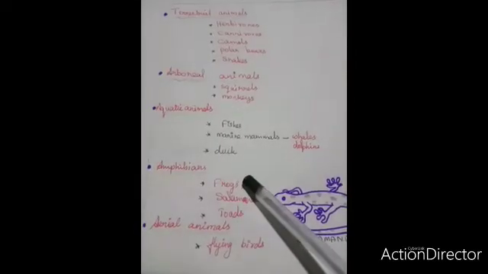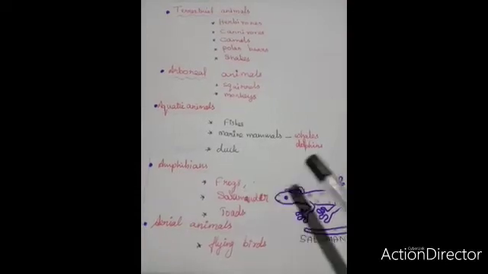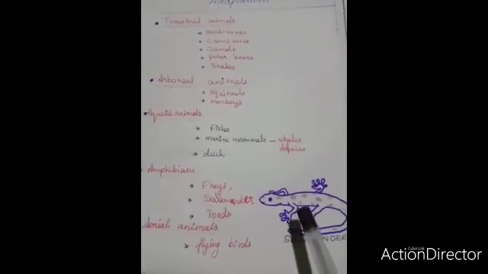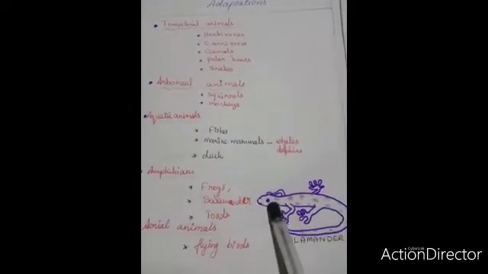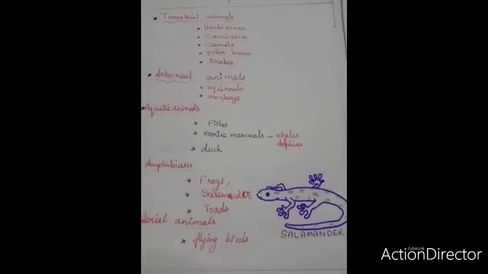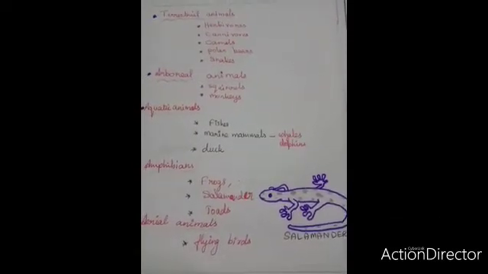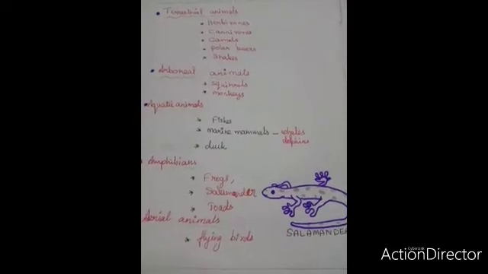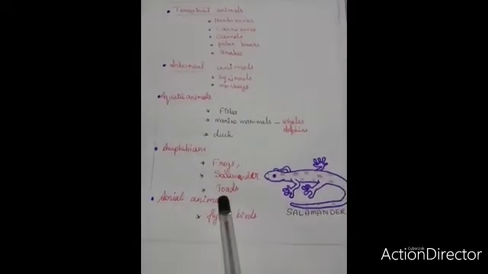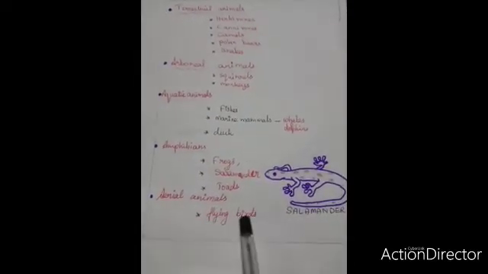Toads are frog-like animals, you all know that. And salamanders are the animals that appear like a lizard. They have long slender body with moist skin. They live underwater and also on land. Salamander. Then aerial animals. Aerial animals are flying birds.